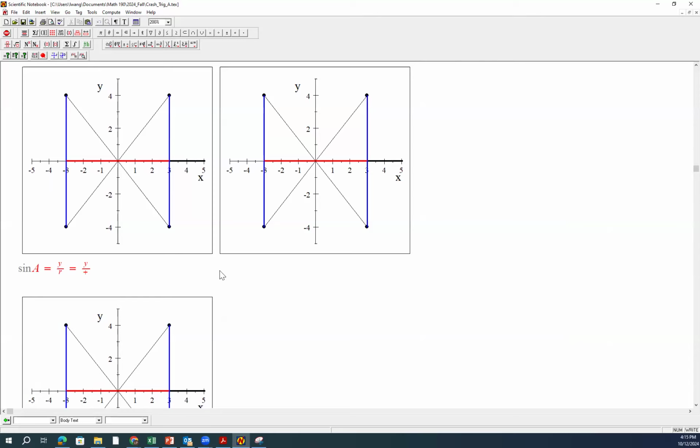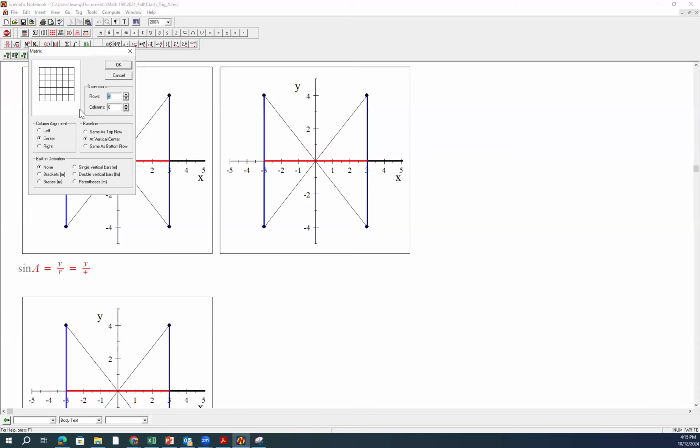But on this table, I'm only going to choose 3 functions because we don't need to worry about the other 3. So the first quadrant, let's see, how many rows do we need? We need just 4.